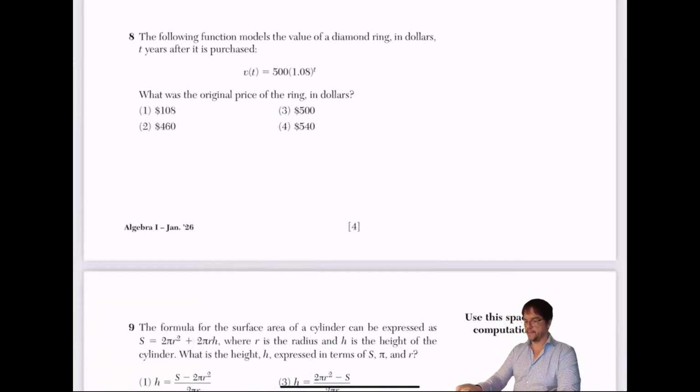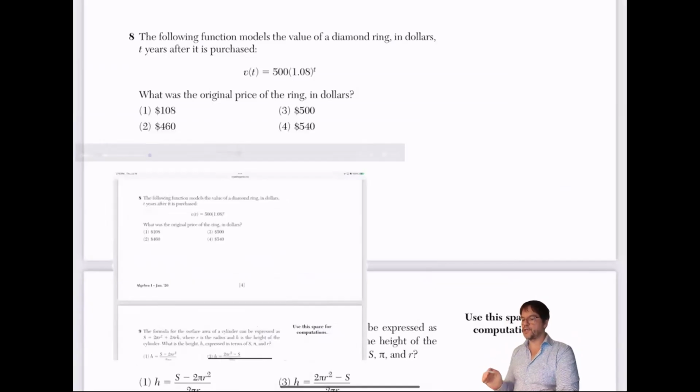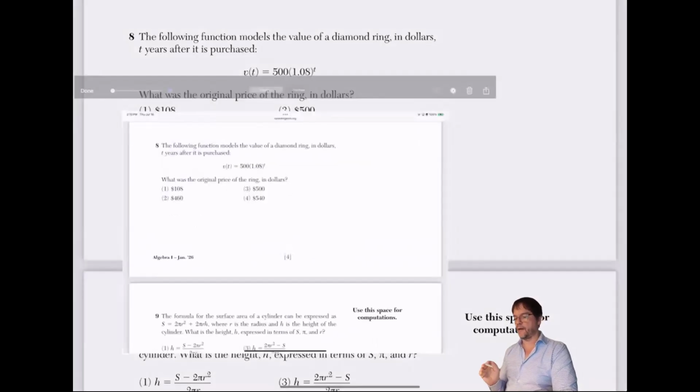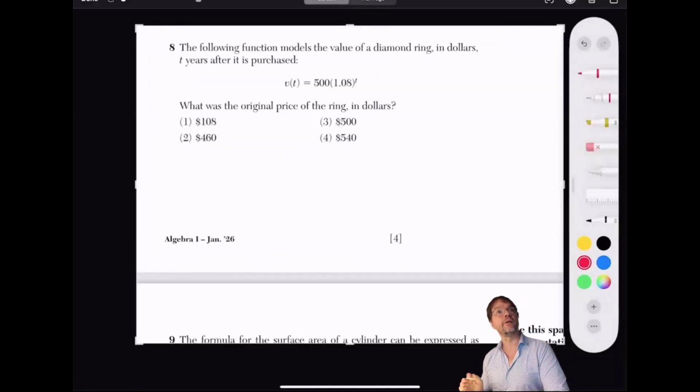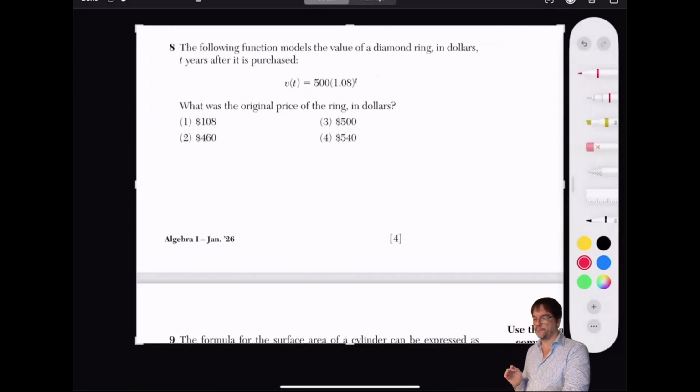Let's see. What he says, the following function models the value of a diamond ring in dollars t years after it is purchased. Okay? So, what was the original price?